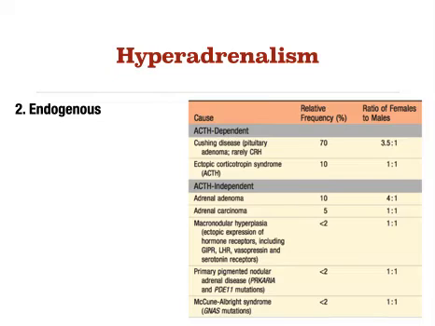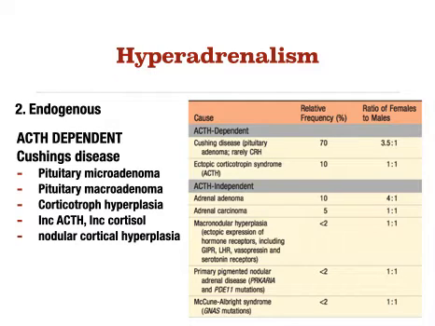Now, the endogenous causes are divided into two. You have your ACTH dependent and your ACTH independent causes. They are actually enumerated here in this table. For ACTH dependent causes, you call this your Cushing's disease. So Cushing's disease primarily is a disease involving the pituitary gland and the hypothalamus.